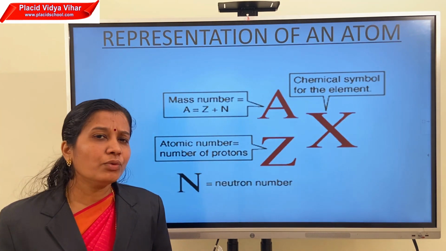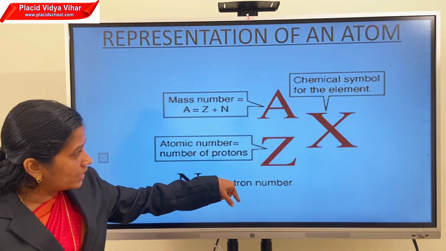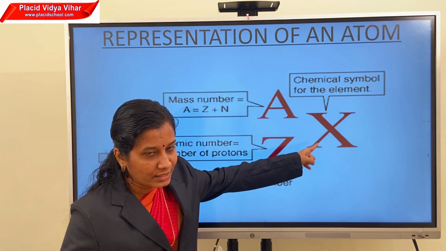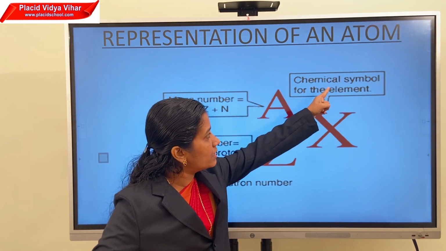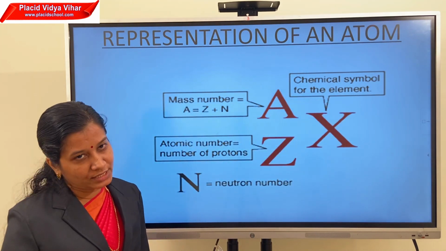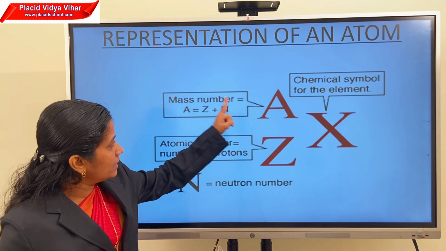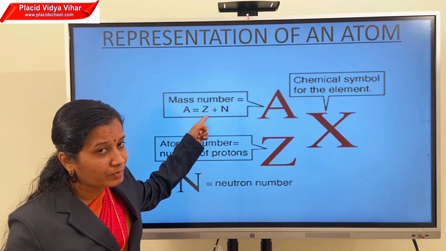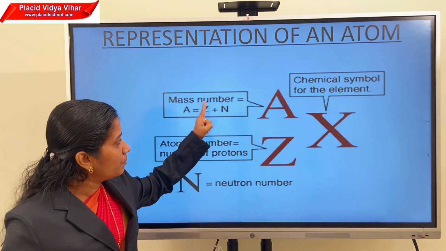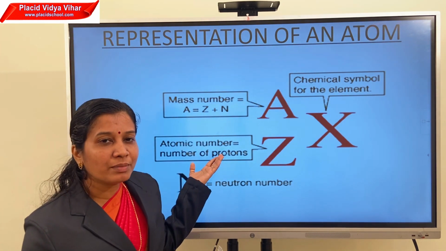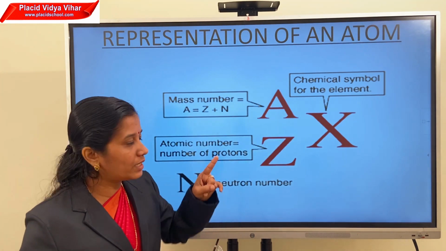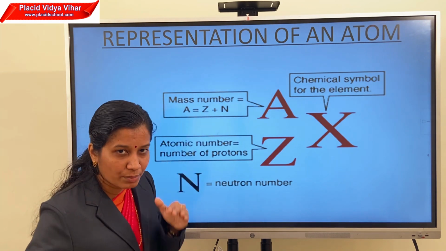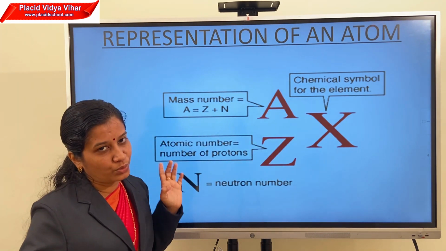Then, how can we represent an atom? You can see X with Z and A. X represents the chemical symbol of the element, and A represents the mass number, which is equal to Z plus neutrons. Z is the atomic number, equal to the number of protons. So A, the mass number, is equal to the number of protons plus neutrons.